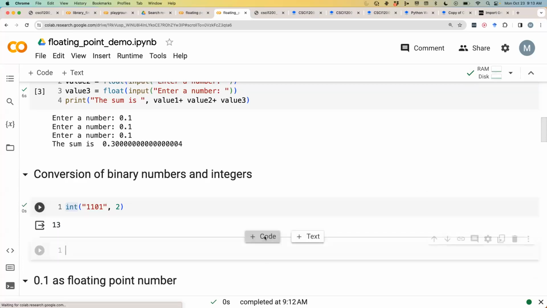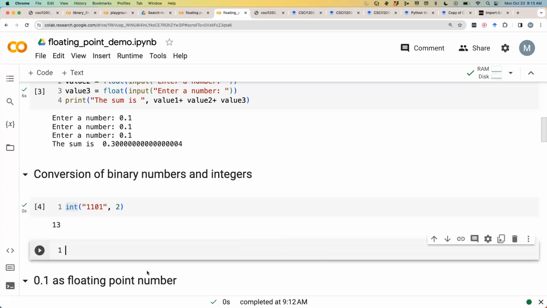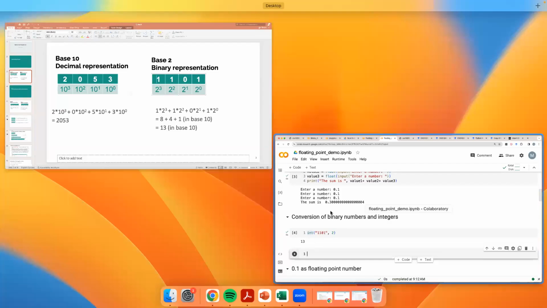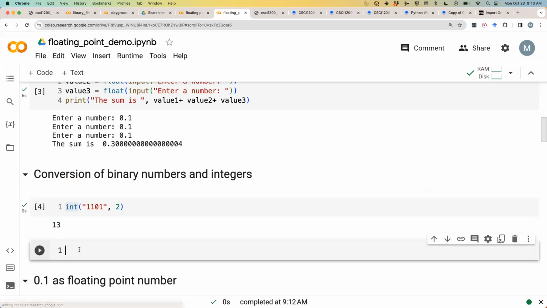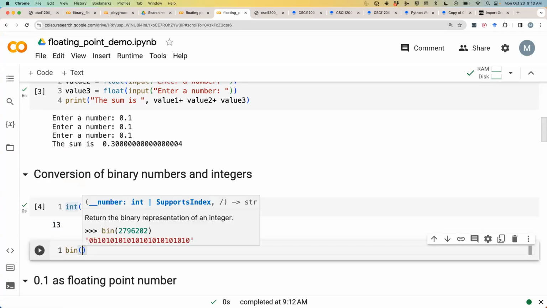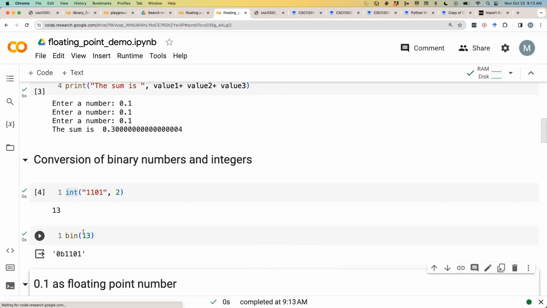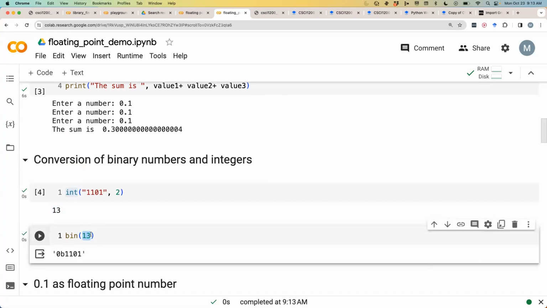Now, if I give you some integer, say 13, how do I convert it into its binary representation? We have a function called bin. You can put, for example, bin(13). It takes a base 10 integer and converts it into a binary string.